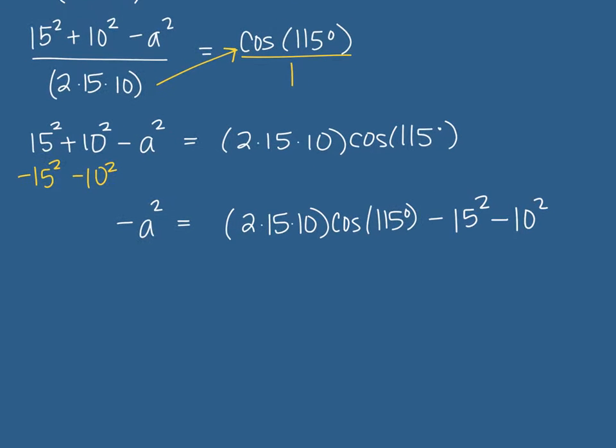Okay. Now what do I do to get a squared by itself? Divide by negative 1. Okay, when I do that, I'm going to have a negative in front, and these two are both going to be positive.